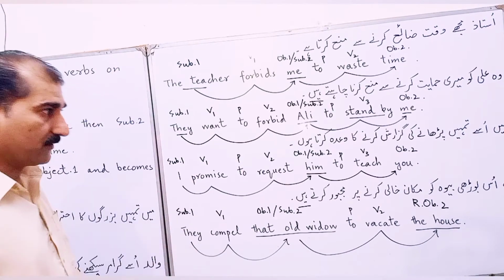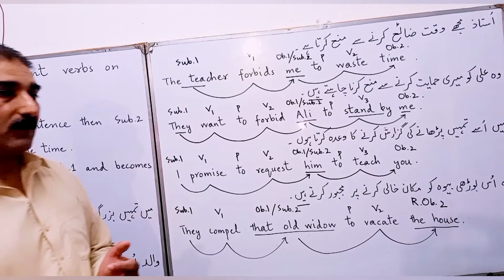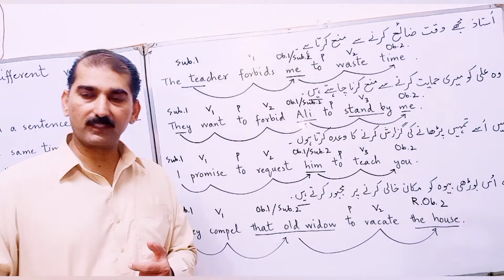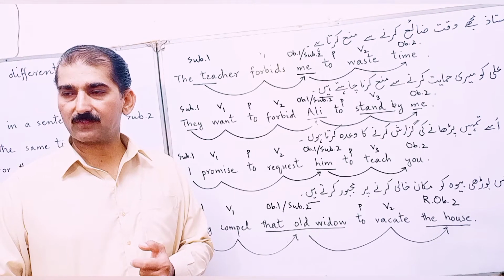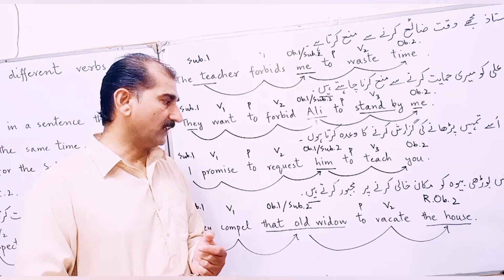Now you have checked that whenever we have different subjects using different objects in a sentence, how can we compose their structure, how can we define their order of the words.